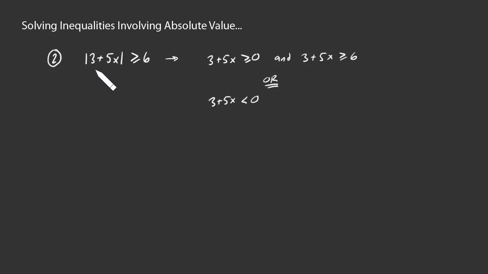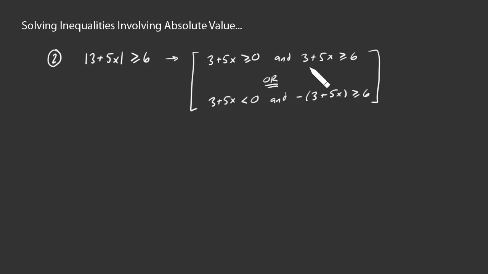And again, in that case, the absolute value is merely going to change the sign of its contents. And so we could accomplish that in another way, a way not using absolute value symbols, by multiplying by -1. So negative times the quantity 3 plus 5x is going to be greater than or equal to 6. Okay, so we kind of pulled that apart.